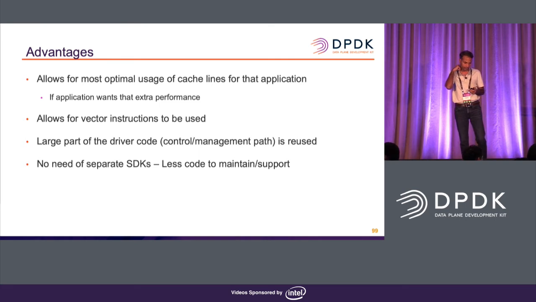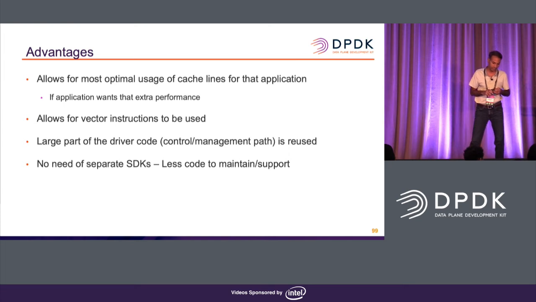Some of the advantages that I see with this approach: it allows for the most optimal usage of cache lines. I think this is the best performance that the application can get. And if the application wants to go the extra mile and write these RX and TX functions themselves, yes, they can do that. It allows for vector instructions to be used in the application.